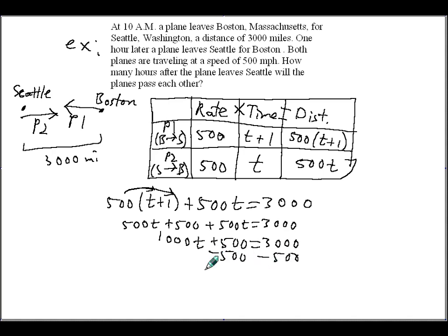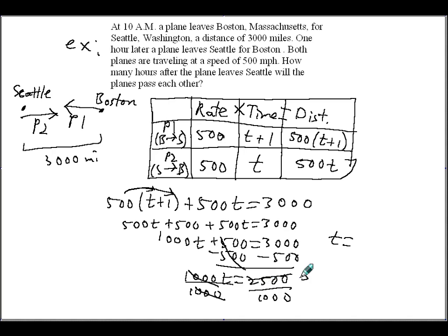As you know, you should be sharp on equation solving by now. So 1,000t is equal to 2,500, and dividing both sides by 1,000 and reducing the fraction, 500 goes into 2,500 5 times and into 1,000 2 times. So t is 5 over 2, or 2.5 hours.